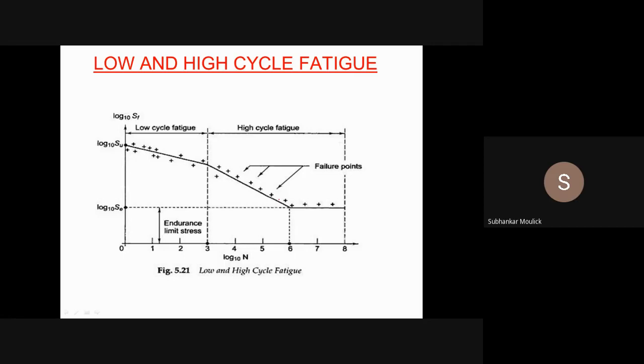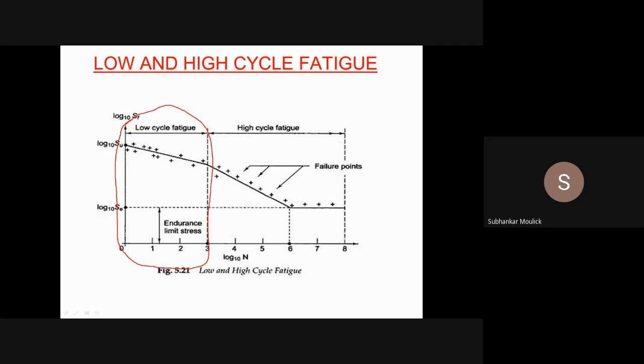Any fatigue failure when the number of stress cycles is less than 10 to the power 3 cycles, or less than 1000 cycles, that particular failure is known as low cycle fatigue failure. That means this is your low cycle fatigue region.